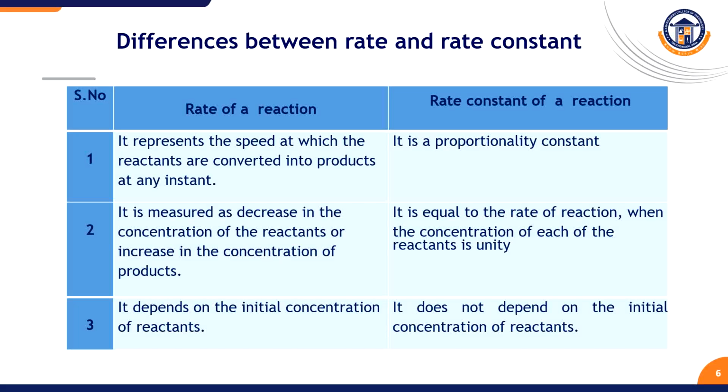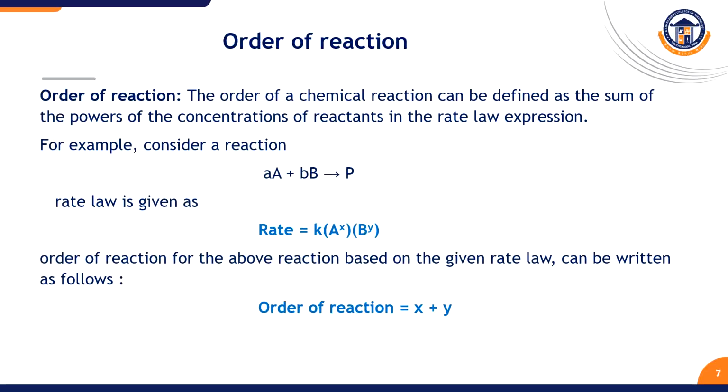The rate of the reaction is measured as the decrease in concentration of the reactant or increase in concentration of the product. But the rate constant is equal to the rate of the reaction when the concentration of each of the reactants is unity. The rate depends upon the initial concentration of the reactant, but the rate constant does not depend on the initial concentration of the reactants.